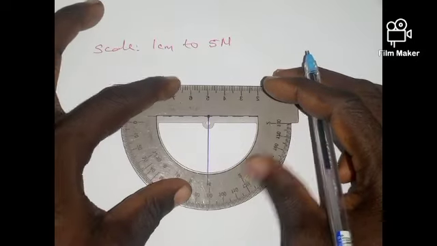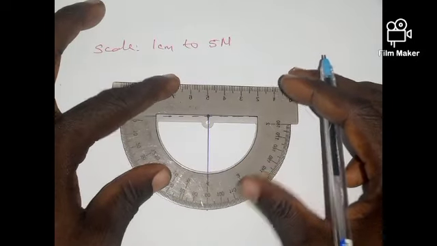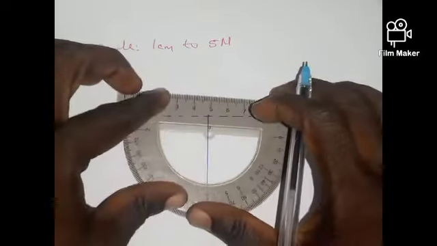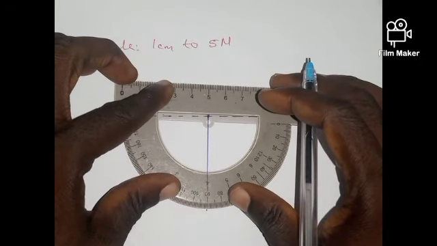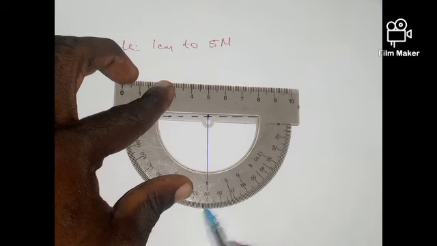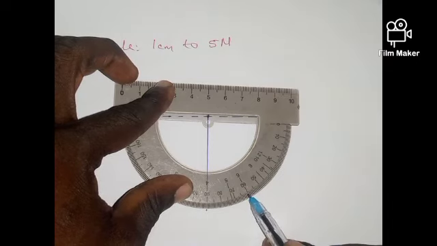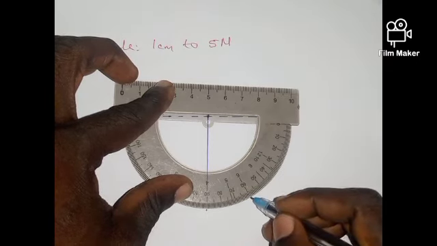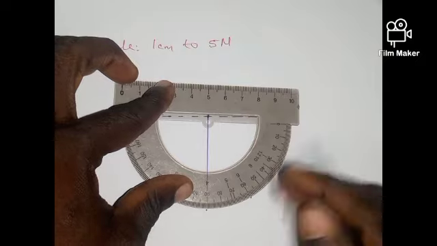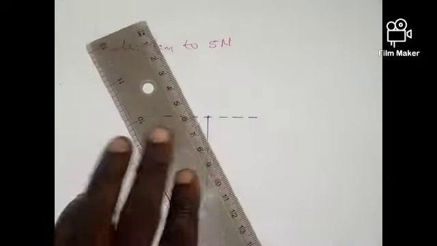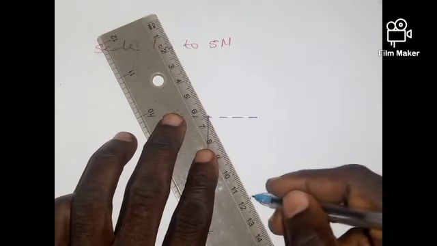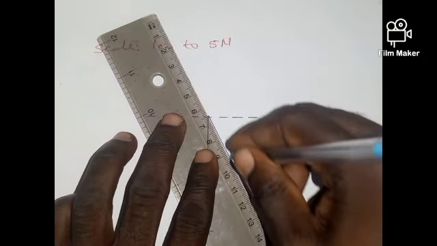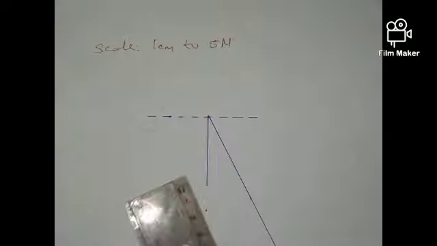So I have this is 90, so I'm going to take 30 degrees this way. So I'm going to end at 60 degrees. That's 30 degrees. So I'll draw a straight line through this from this point, to any end.